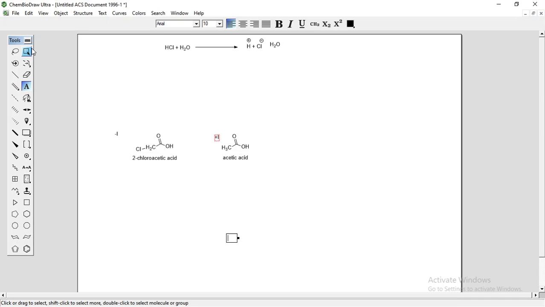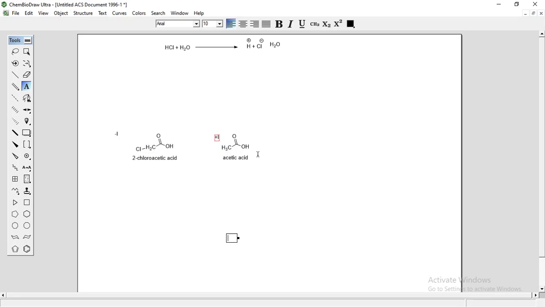That is why chloroacetic acid is 100 times stronger acid than acetic acid. This is the effect of inductive effect on the acidity of organic acids. In chloroacetic acid, Cl has minus I effect, that is electron withdrawing inductive effect, and because of this it stabilizes the anion, ClCH2C double bond O minus.